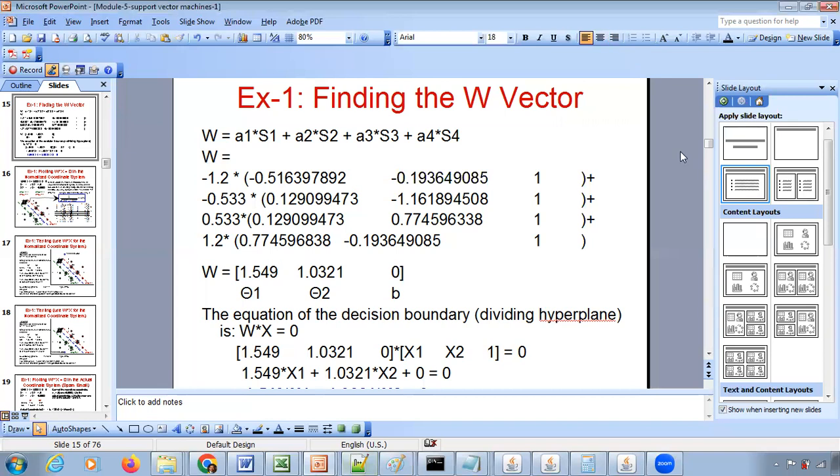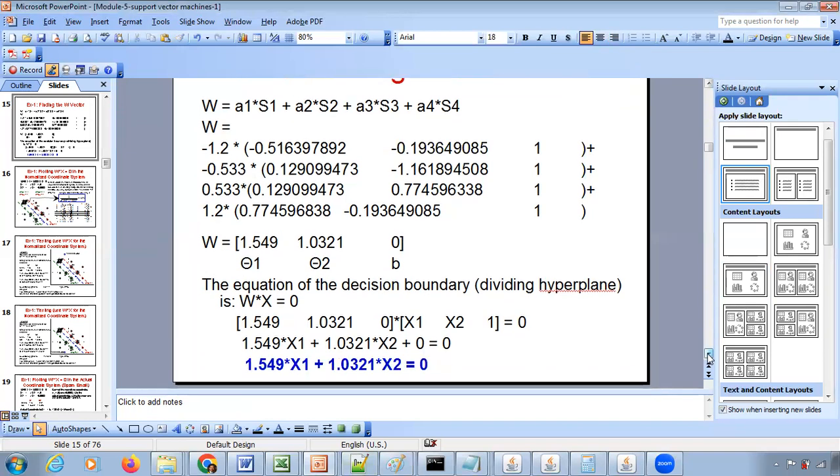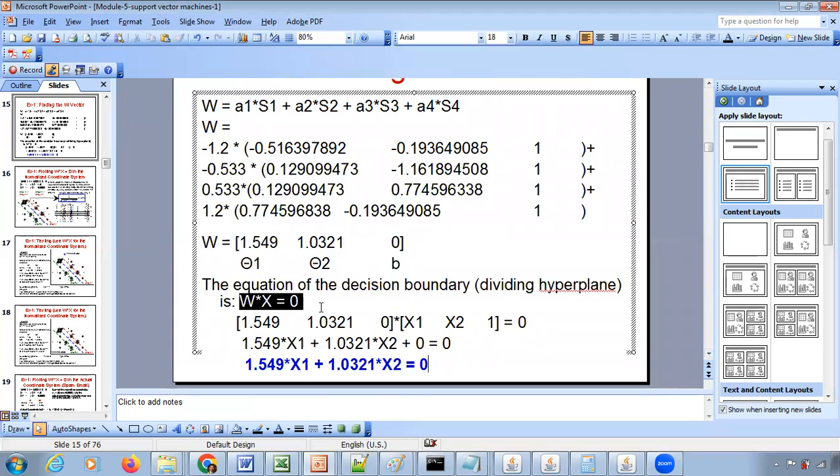And that's what we're going to find now. The equation of the decision boundary that will divide the margin is going to be Wx equals 0. So this is our theta 1, theta 2, b times x, which is in general x1, x2, and 1. Still, you are in the normalized coordinate system, so we'll have a normalized x1, normalized x2 times 1. The third term is a 1 for any data point.